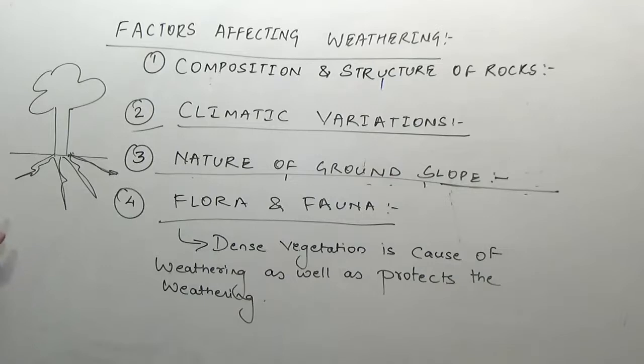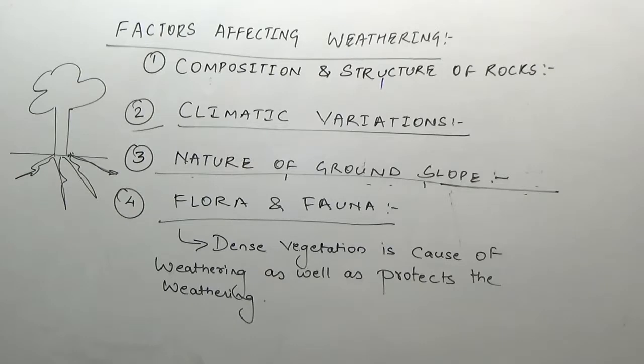How will it protect against weathering? In the areas of dense trees, less and less insolation, or sunlight, will reach the rock surface. The wind speed will be reduced, and as a result it protects against weathering, but also it is one of the causes of weathering by breaking the rocks during the formation of roots, etc.